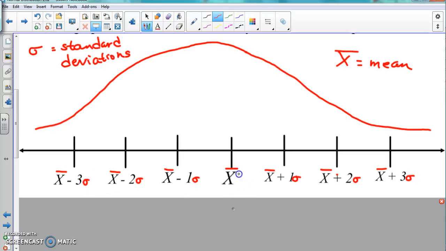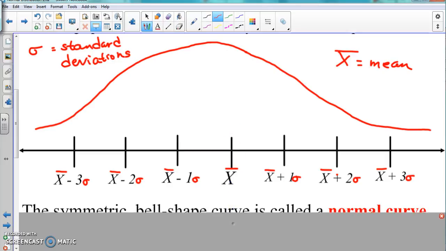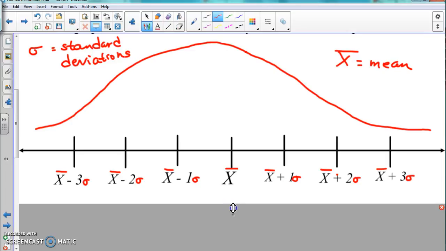The mean's in the middle, directly in the middle. The mean is always in the middle, smack dab in the middle right here.